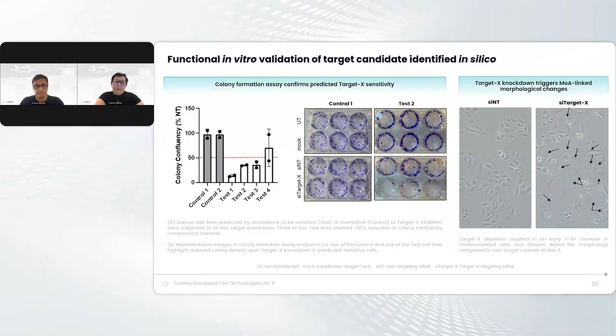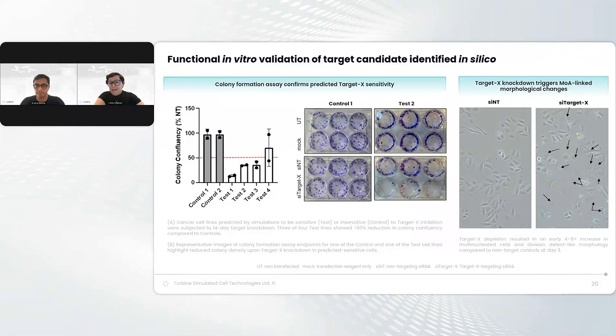And in the colony formation assay, we could validate that the target is indeed efficient in this given molecular context as compared to the control cell lines. And here within this cell line panel, we also included cell lines where we had no available data and no DepMap data of target X efficacy.